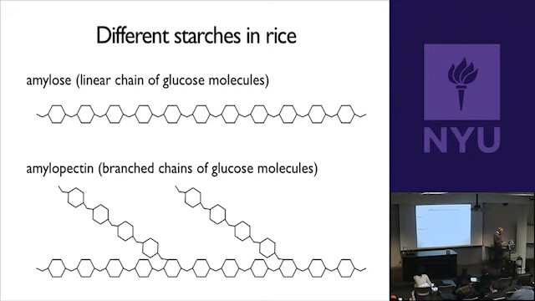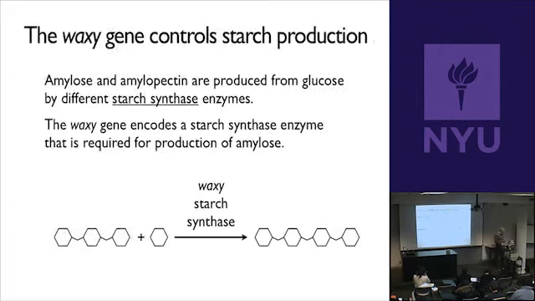Okay? And there are genes that control how much amylose is made and how much amylopectin is made. And one of those genes is a gene called WAXY. And both amylose and amylopectin are made from glucose by different enzymes. Okay?